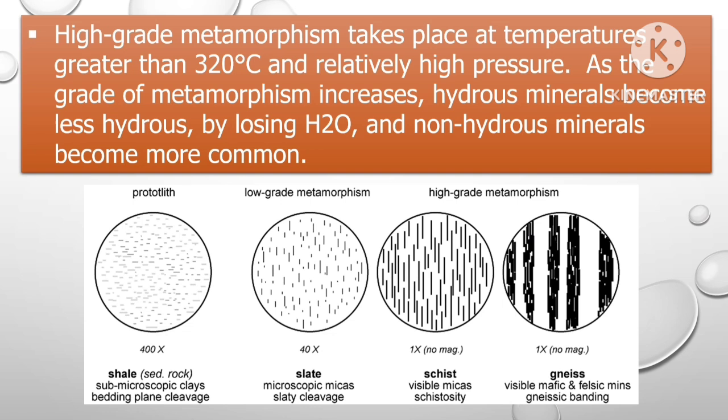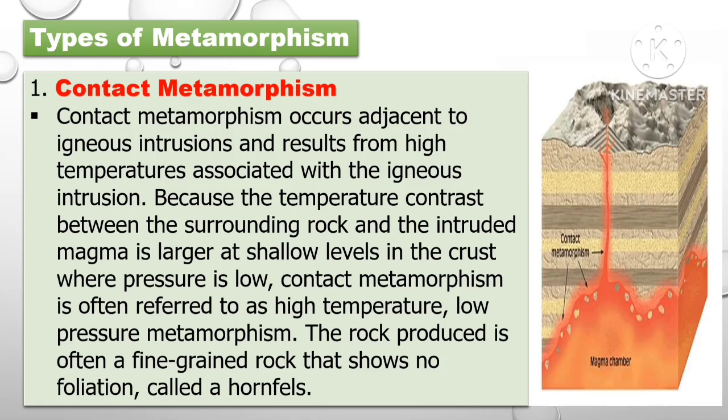High-grade metamorphism takes place at temperatures greater than 320 degrees Celsius and relatively high pressure. As the grade of metamorphism increases, hydrous minerals become less hydrous by losing H2O, and non-hydrous minerals become more common. The following are the types of metamorphism.